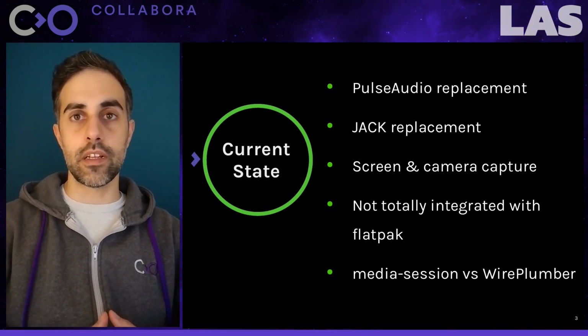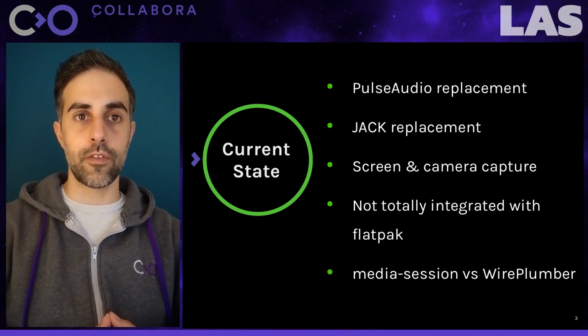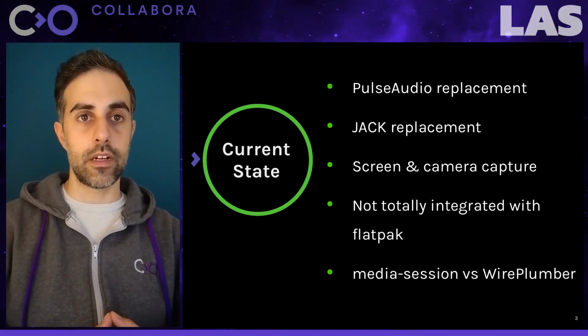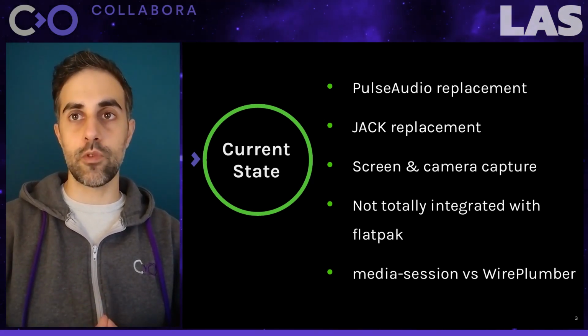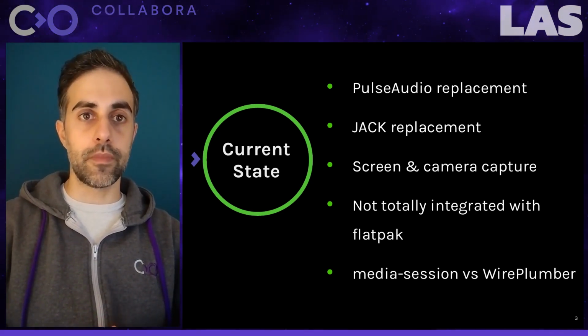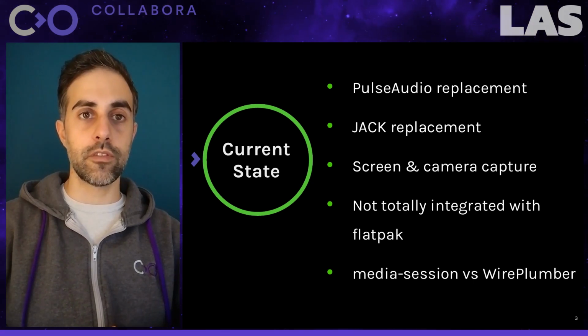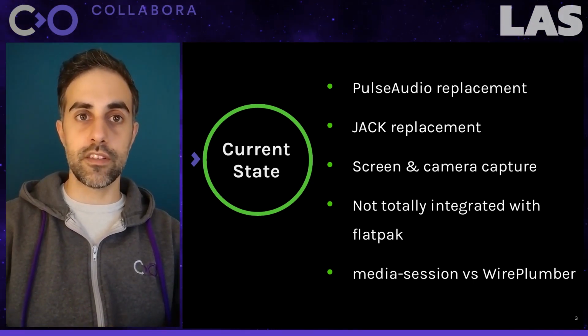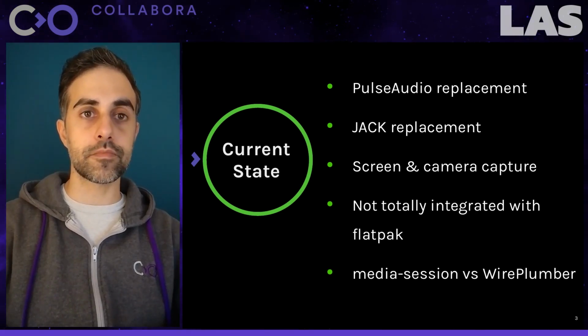Screen capture is implemented by the compositor of your desktop on Wayland, which basically grabs frames from the screen and shares them to other applications through PipeWire, while camera capture is also available through Video for Linux, although I don't think any application is using that yet.